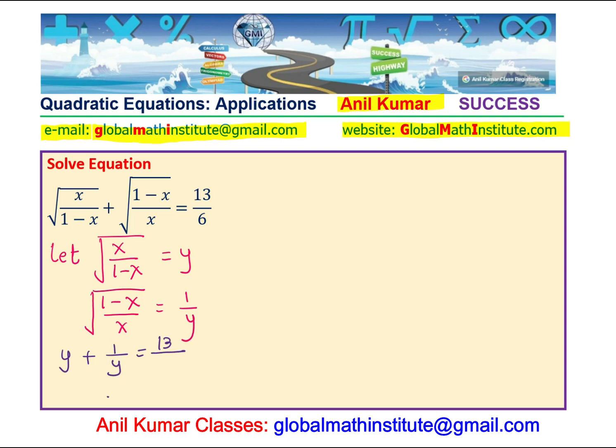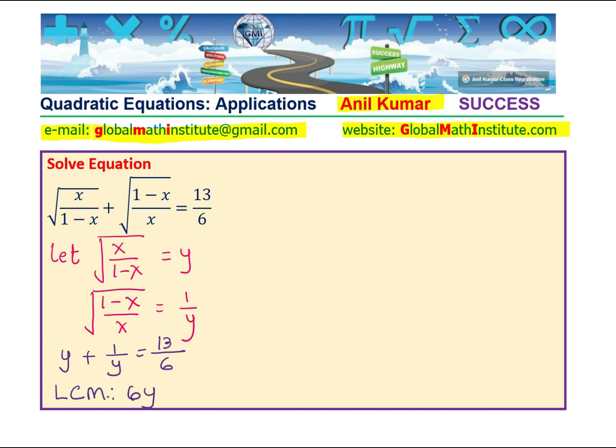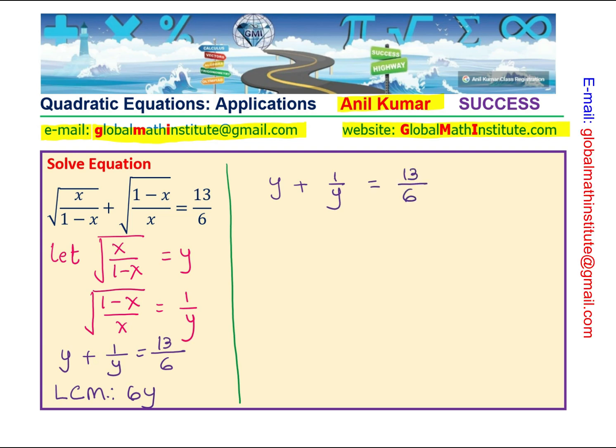13 over 6. Now, we can see that the LCM here is 6y. We can multiply each term with 6y. So let me show you the steps. We have y plus 1 over y equals 13 over 6.